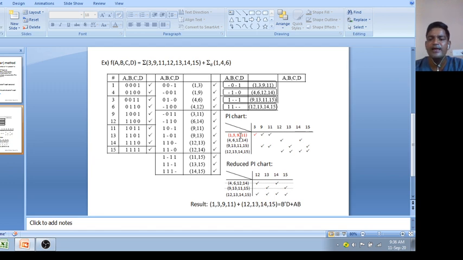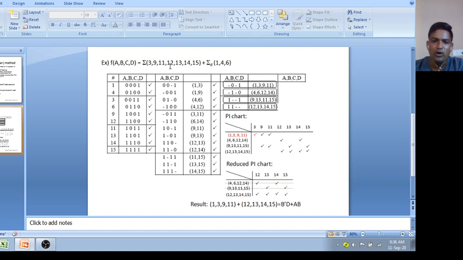Now again make the reduced PI chart. Now these are already covered, 1 3 9 11, so now we will not write down 1 3 9 11. Again write down these things, 12 13 14 15, because 3 9 11 are already covered here, so I will not write them down.